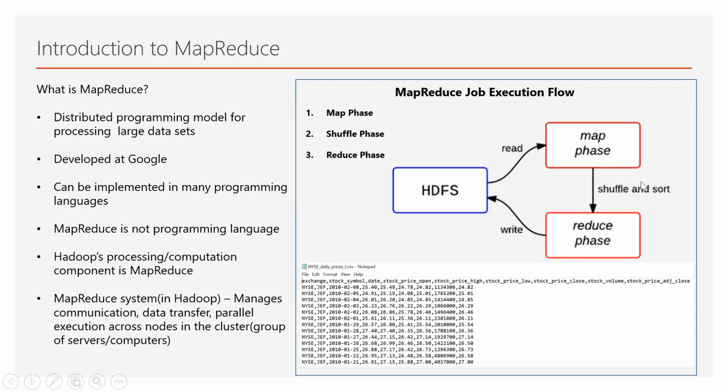It sorts and groups, and sends each key with its grouped data to the reduce phase. In the reduce phase, we generally do the aggregation, such as finding a maximum or sum. Then you write the result back to HDFS. This is the high level MapReduce execution flow.